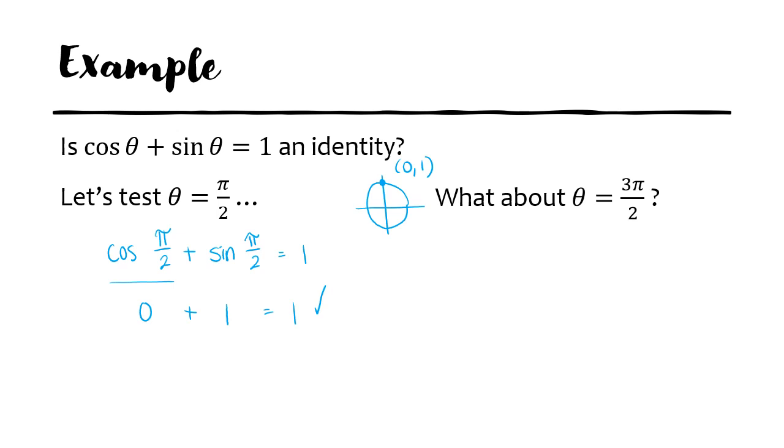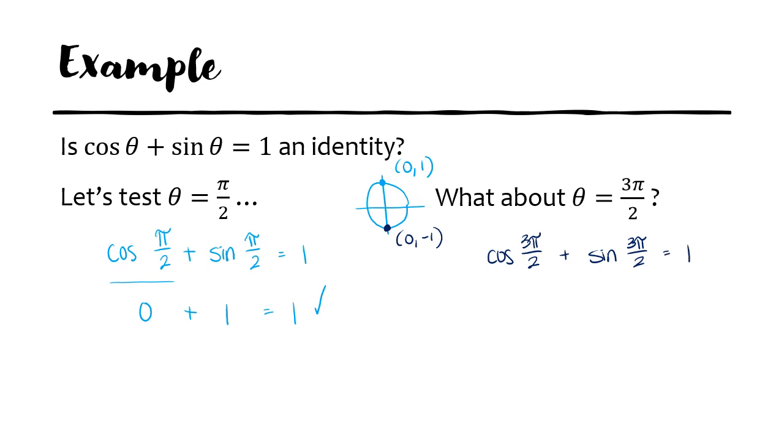Let's look at 3 pi over 2. That's still on our unit circle, and this time it's down here. The coordinates are going to end up being 0 and -1. That also is 270 degrees. So if we plug this into our equation, cosine of 3 pi over 2 plus sine of 3 pi over 2, is that equal to 1?